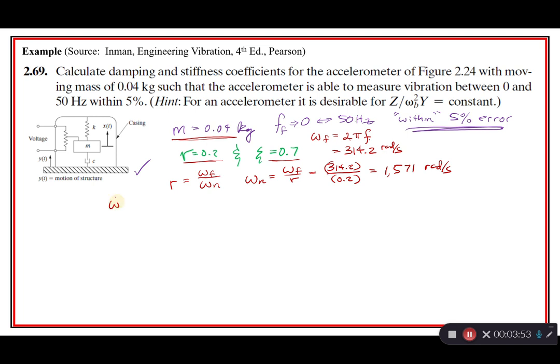And using the fact that omega n, the natural frequency, is the square root of k over m, we can find k by multiplying m by the natural frequency squared. That's 0.04 times 1,571 squared, and that ends up being 98,696 newtons per meter.